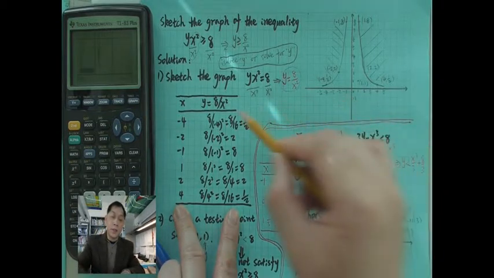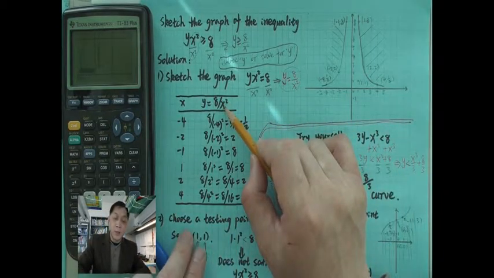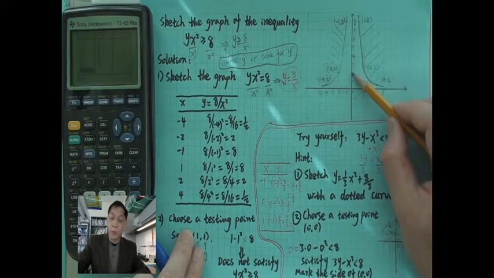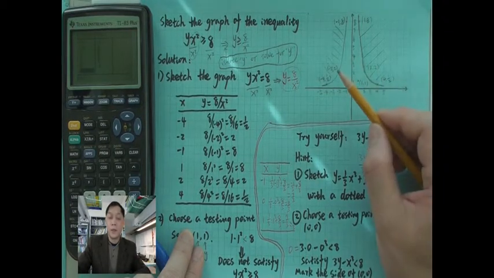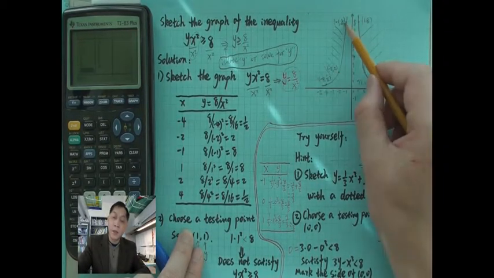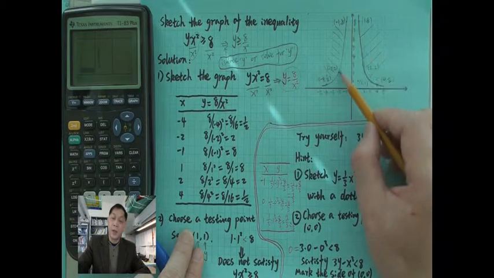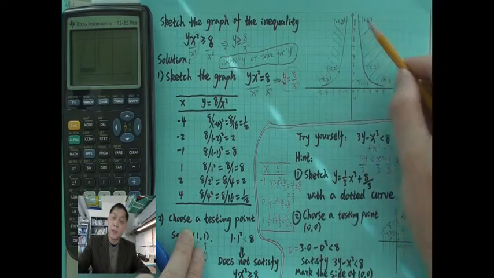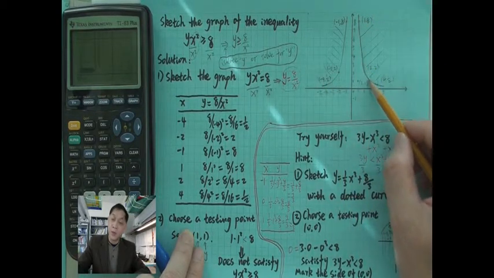Since a 0 in the denominator does not make sense, you have a vertical asymptote, which is the y-axis. So you connect those points using a smooth curve. The left-hand side looks like that, and the right-hand side looks like that.